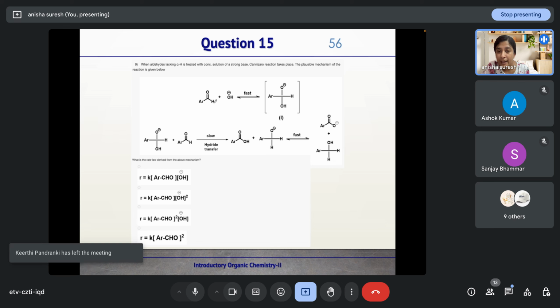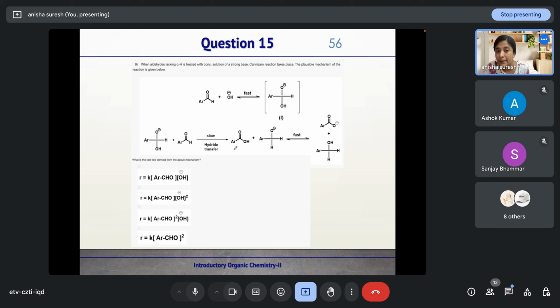So here we are having an aldehyde, and when we are treating it with a base, one nucleophilic addition will take place. It will lead to formation of this intermediate, and this intermediate can react with another molecule of this aldehyde. So this is the slowest step in this reaction.